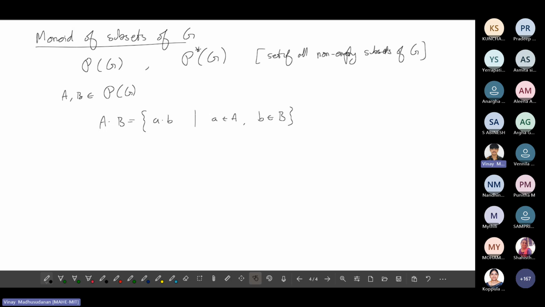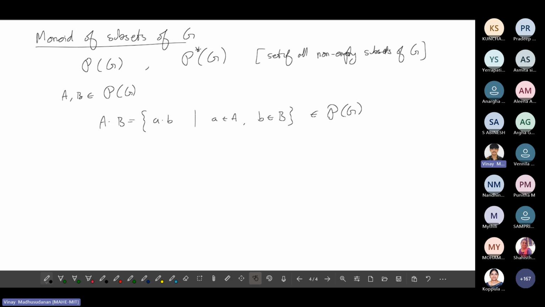I'm not saying anything else about this, nothing like subgroup or something. It's just subsets. This is obviously another subset, right? Because a dot b is an element of G. So this is some subset of G as well. So what does it tell you? That this new dot is a binary operation on P of G.